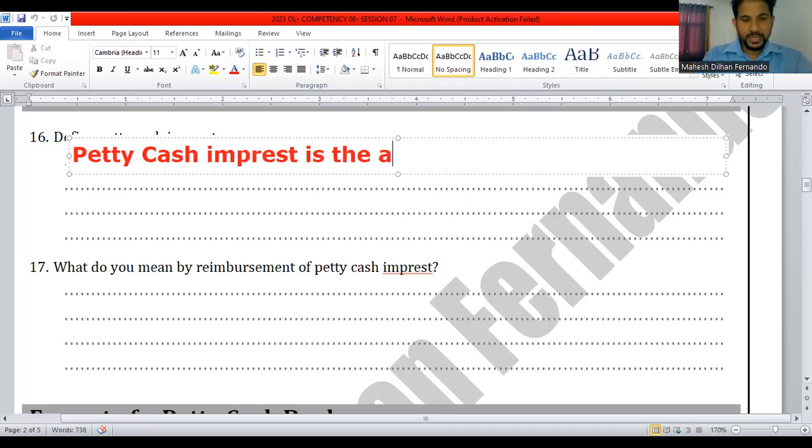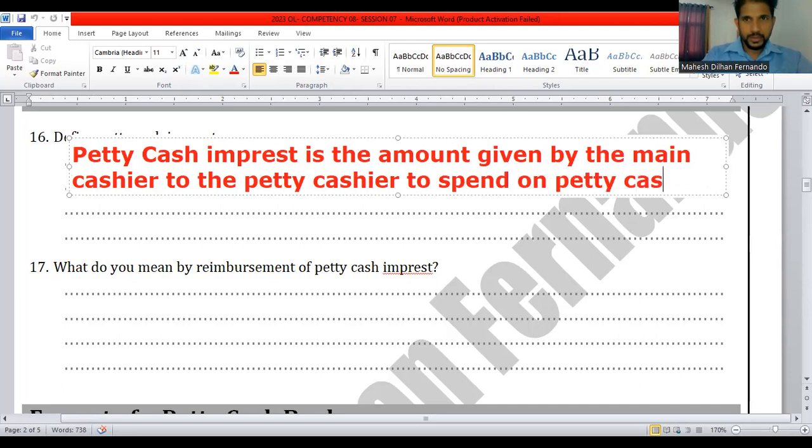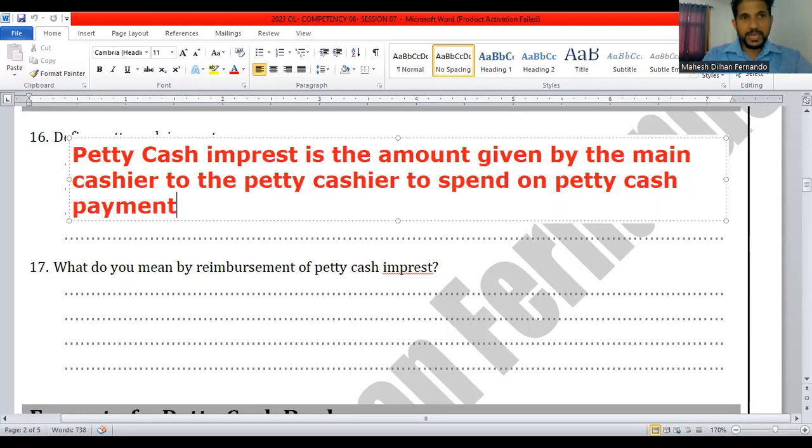Imprest is the amount given by the main cashier to the petty cashier to spend on petty cash payments during an accounting period.